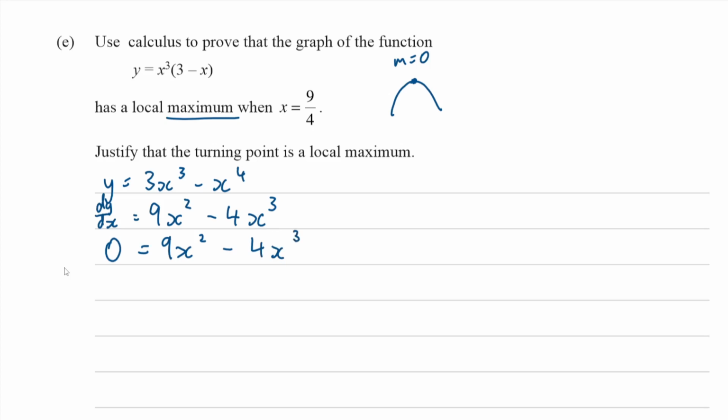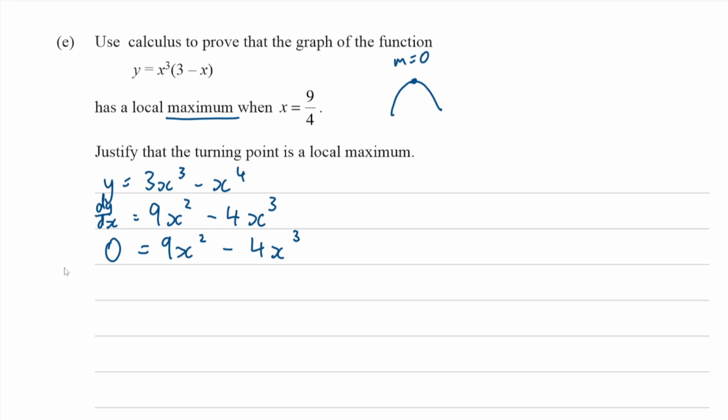Now looking at this, we're trying to find the x value, hopefully 9 over 4, to show it's a local maximum. This is a cubic equation, which is usually a little bit hard to solve. However, in this case, we can look for any common factors. In this case, I see x squared in both terms.